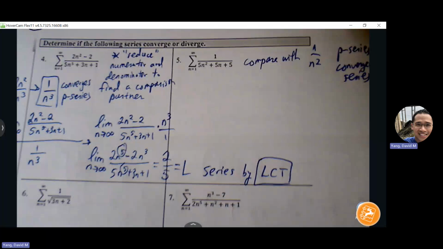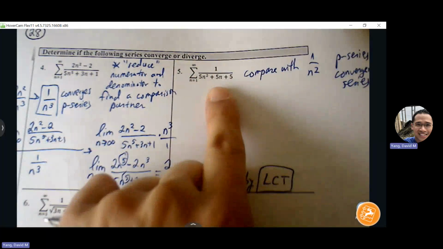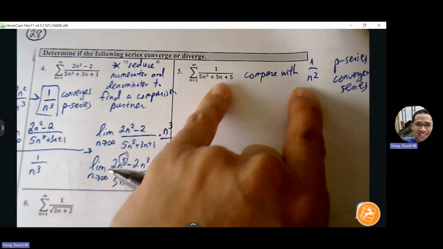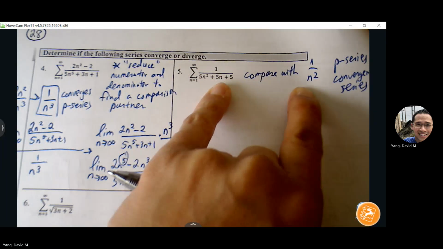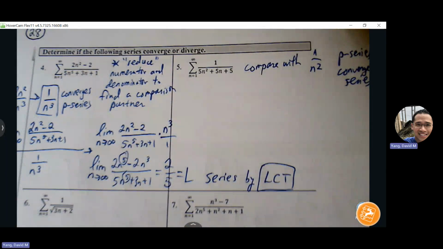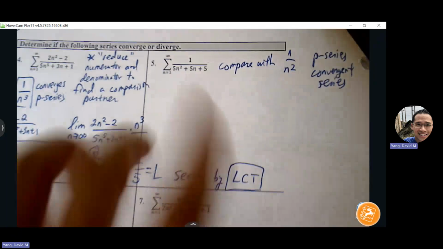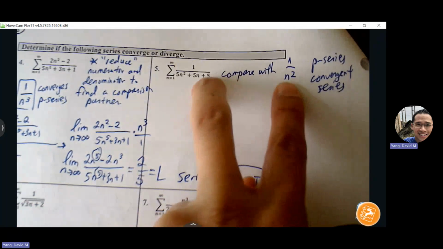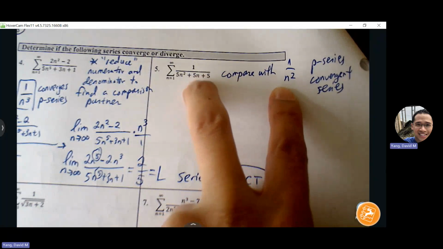Okay, so try that. You can take this and multiply by the reciprocal, and take the limit as n approaches infinity, and see if that reaches a real number. If it reaches a real number, then we know that these two series must share the same behavior.